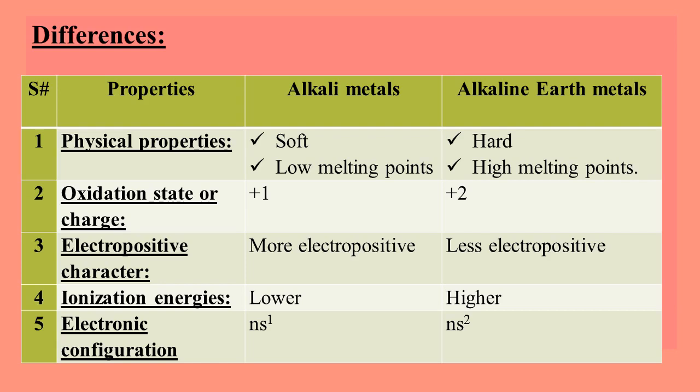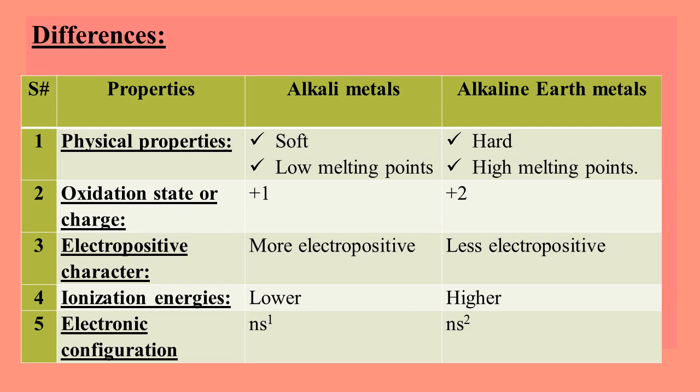Alkaline earth metals are less electropositive. The fourth property is ionization energies. Alkali metals have lower ionization energies, that's why they are more reactive. While alkaline earth metals have higher ionization energies and they are less reactive than alkali metals.